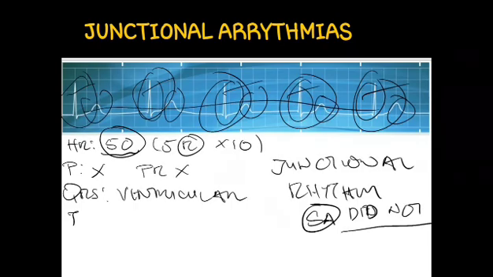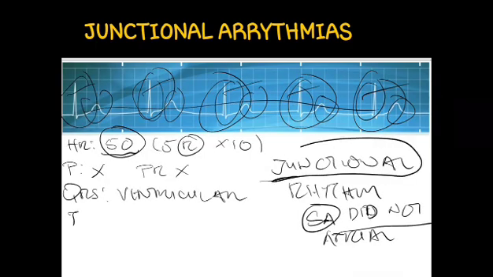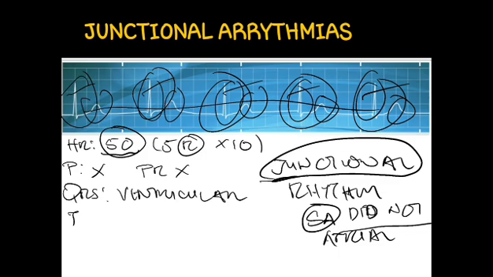There is a problem in the atrial area such that the SA node did not fire an impulse, but instead it's the junctional or the atrial junction that fires an impulse as a compensation. Okay, so there is something that happens in the atrial area wherein the SA node is being affected.